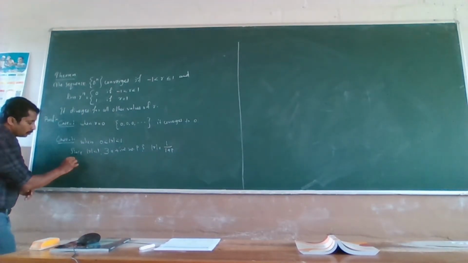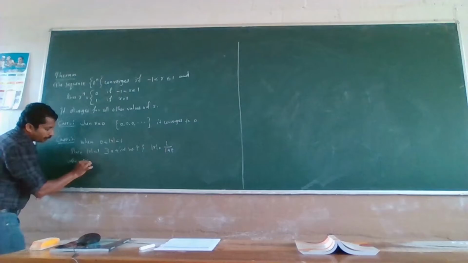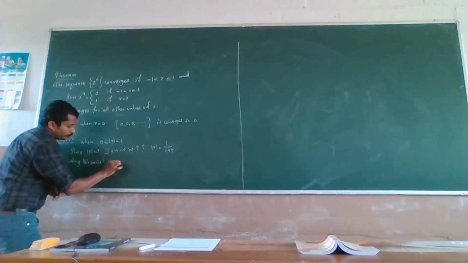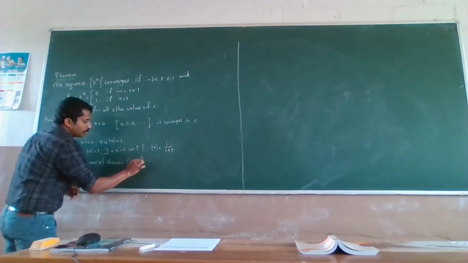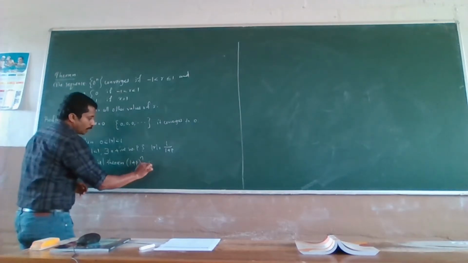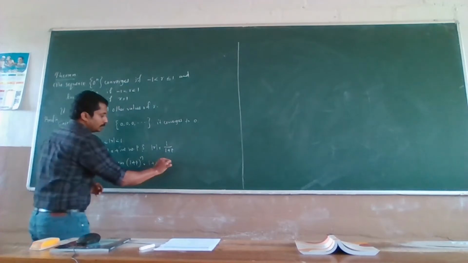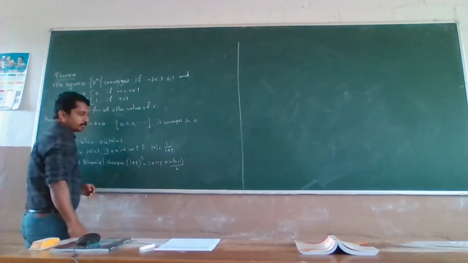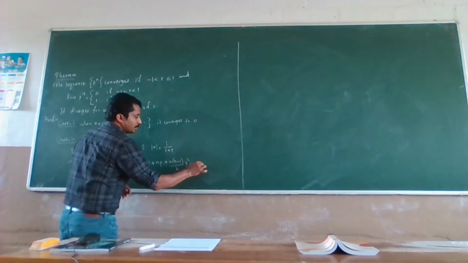Now, using the binomial theorem, (1 plus p) all raised to n is equal to 1 plus np plus n into n minus 1 divided by 2 into p square plus etc. Right?